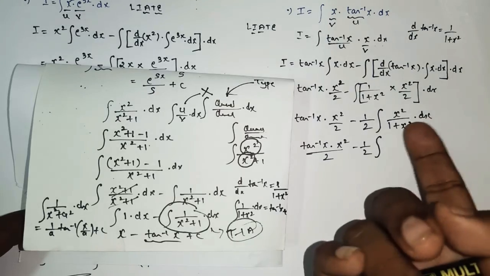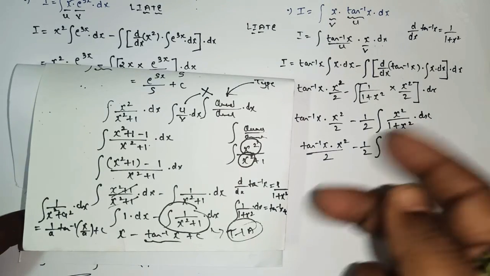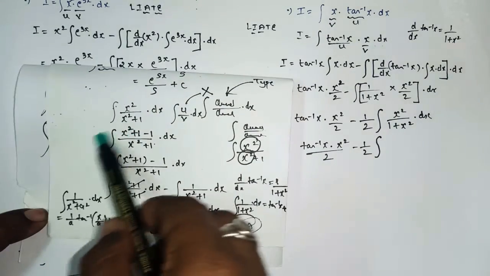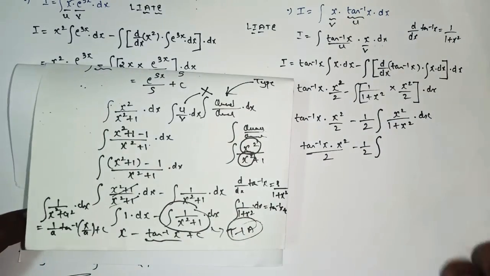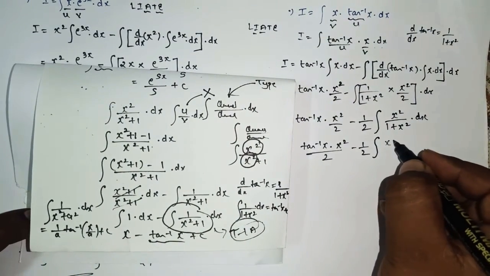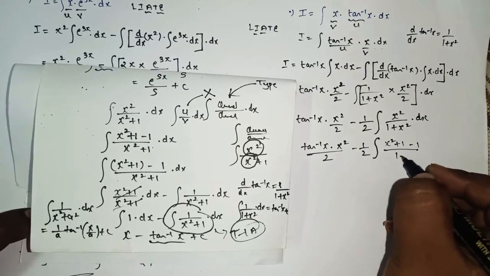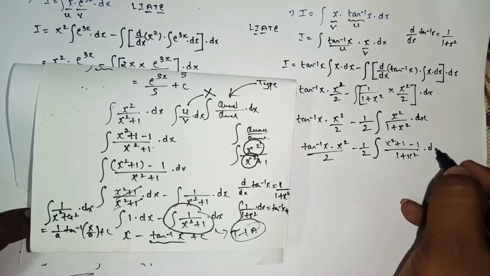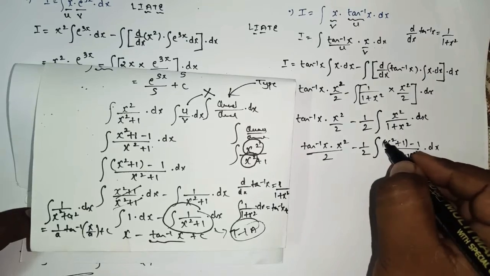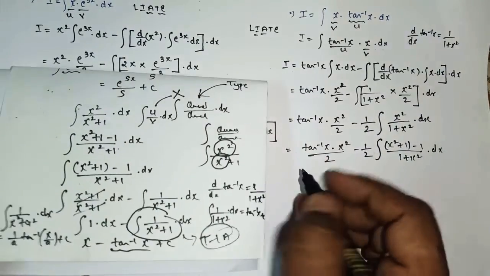So simply what you will do, you will adjust the numerator by plus 1 and minus 1. Okay, write this part in one bracket.